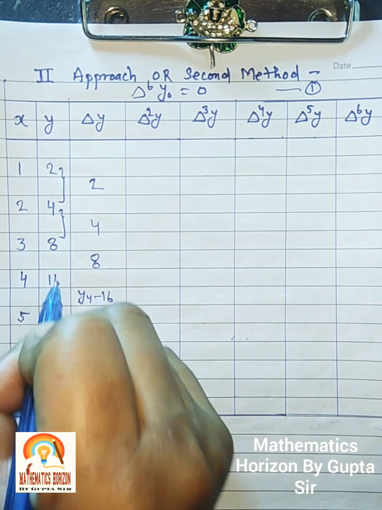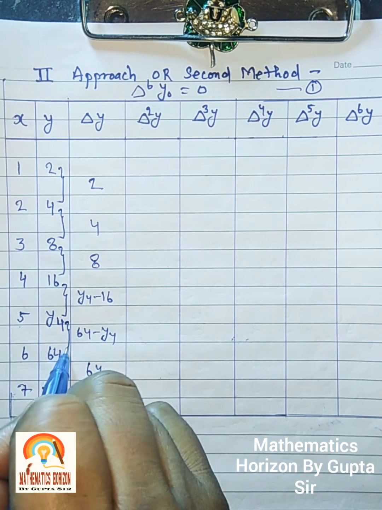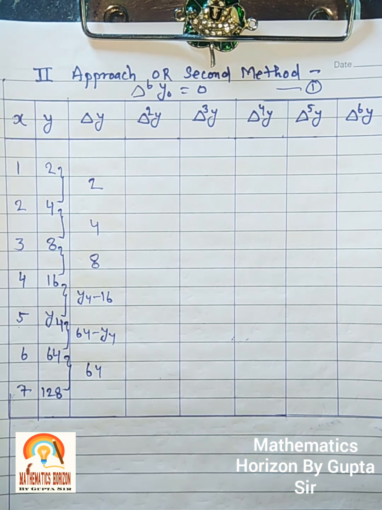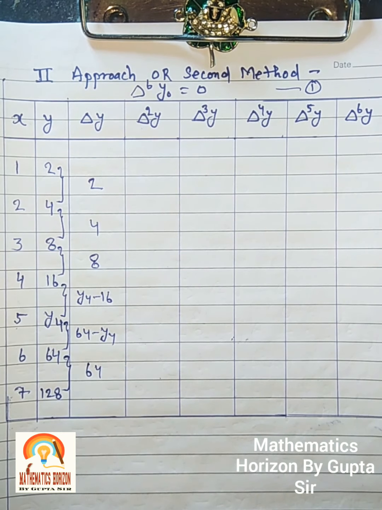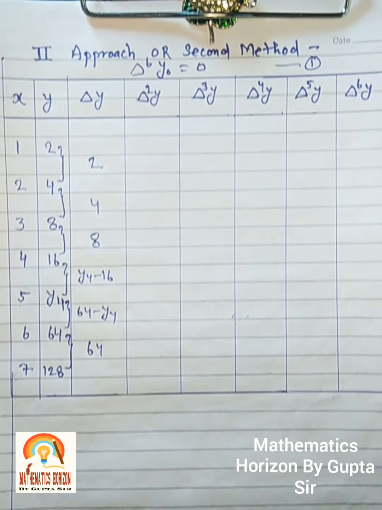We calculate by subtracting the first value from the second value. Okay, these are the differences of first order.